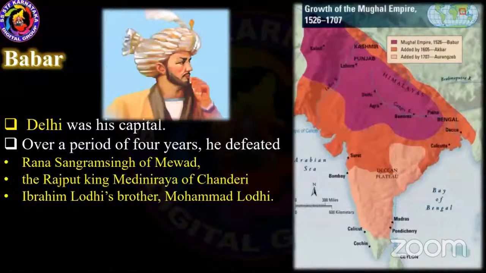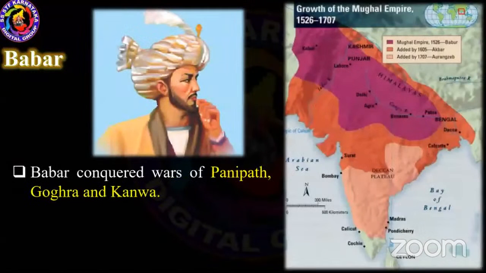In those four years, he defeated Rana Sangram Singh of Mewar, Medini Rai of Chanderi, and Ibrahim Lodi's brother Muhammad Lodi. Babur's conquests were the wars of Panipat, Agra and Khanwa. In these battles, he defeated the Rajput rulers and other local rulers who didn't accept his supremacy.